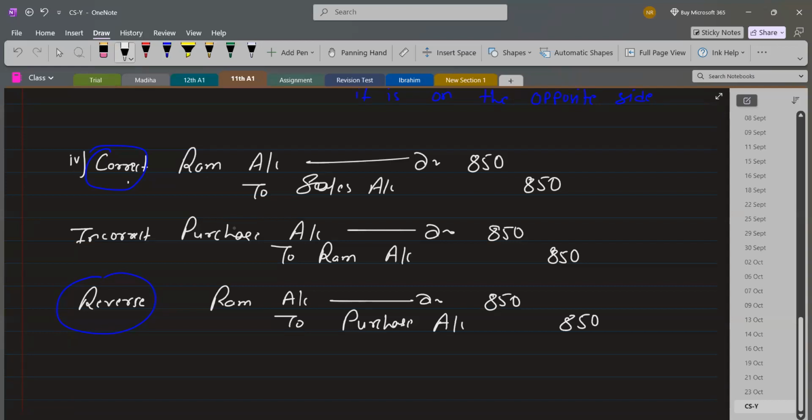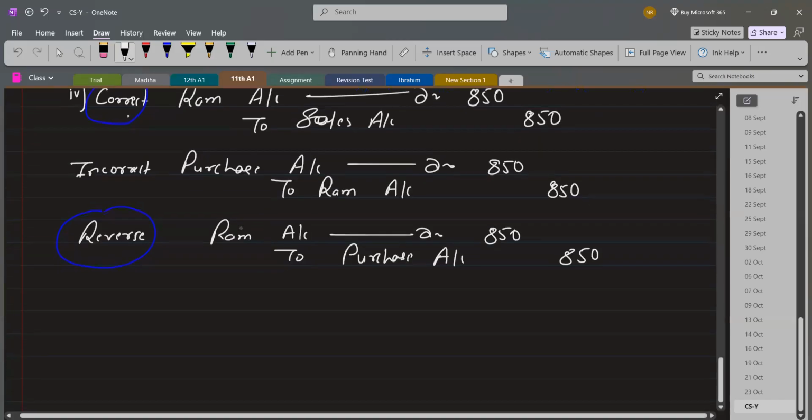Madiha, this question is for you if you understood the previous one. Ram account to purchase account. Ram account debit. Okay, I'm writing your answer.